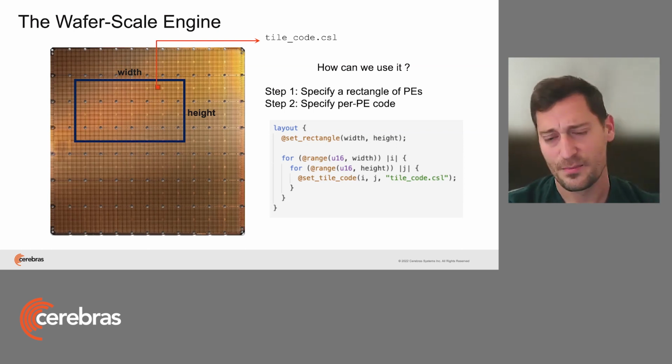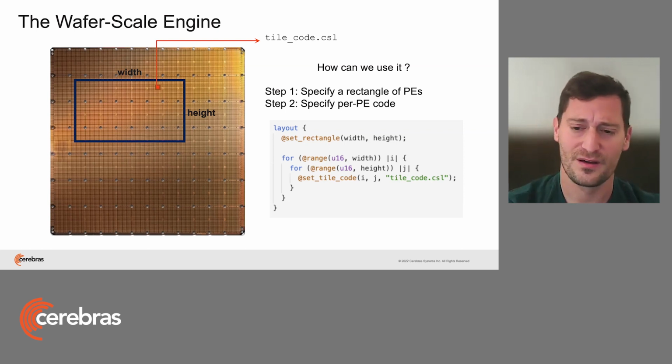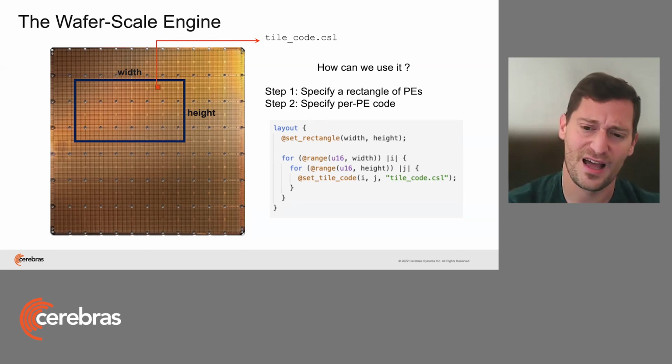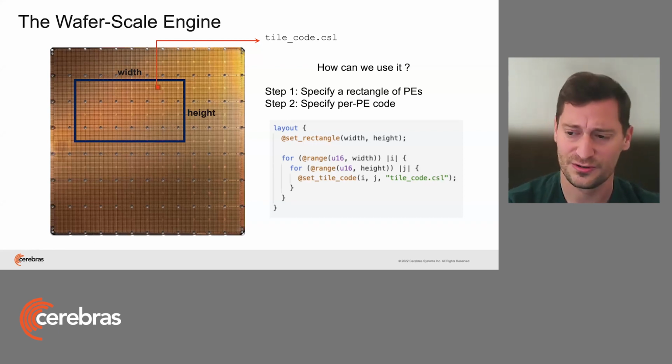Obviously, this rectangle can be moved around the wafer, and this can be done with special compiler flags. But as far as the programmer writing the code is concerned, we just program for a specific rectangle.